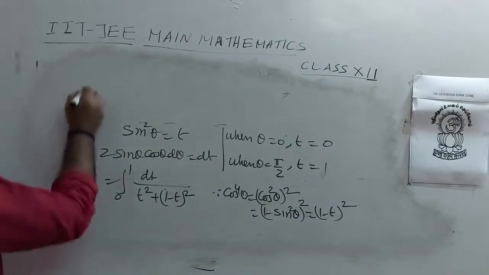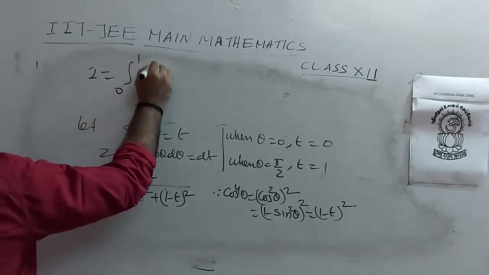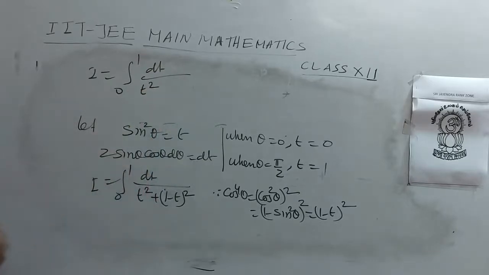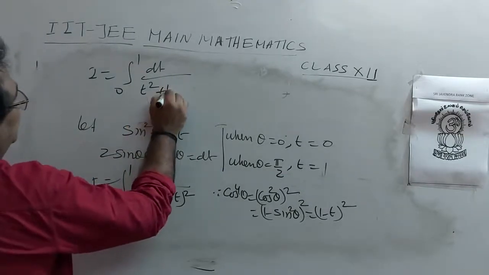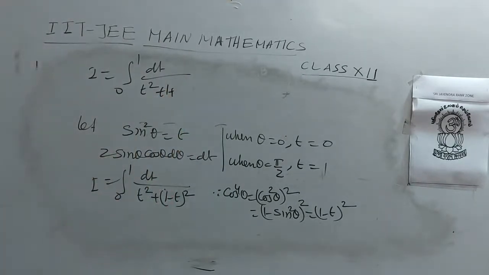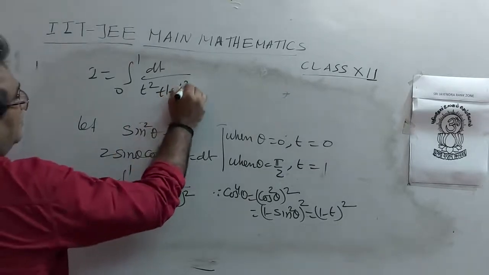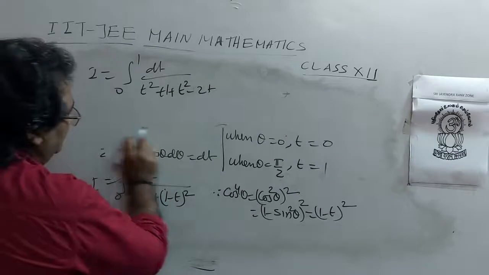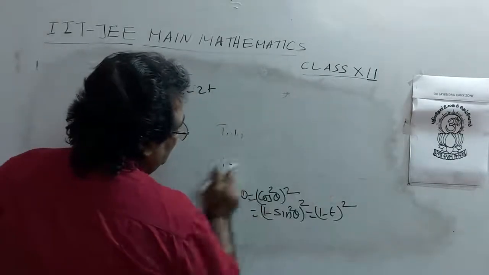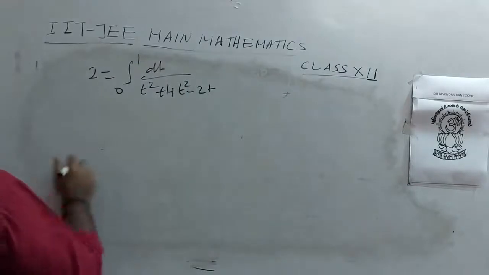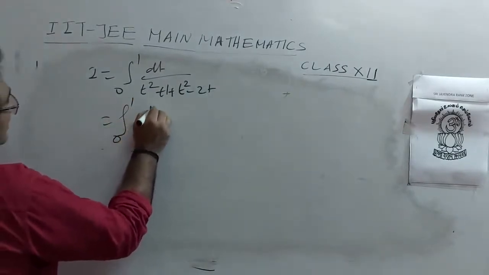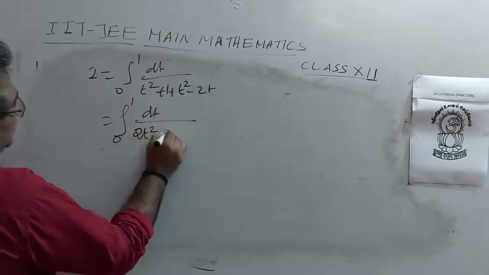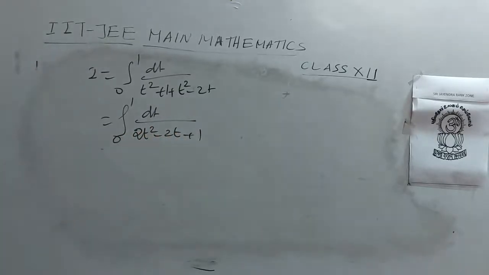I equals integral 0 to 1, dt by t squared plus 1 plus t squared minus 2t, which is integral 0 to 1 dt by 2t squared minus 2t plus 1.